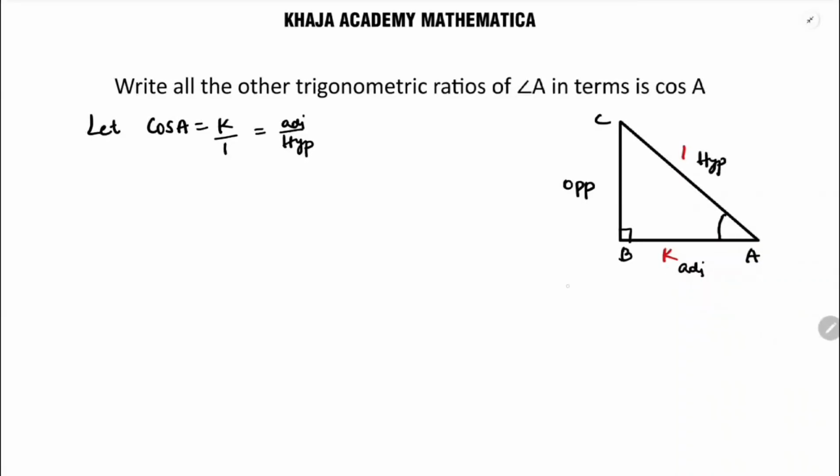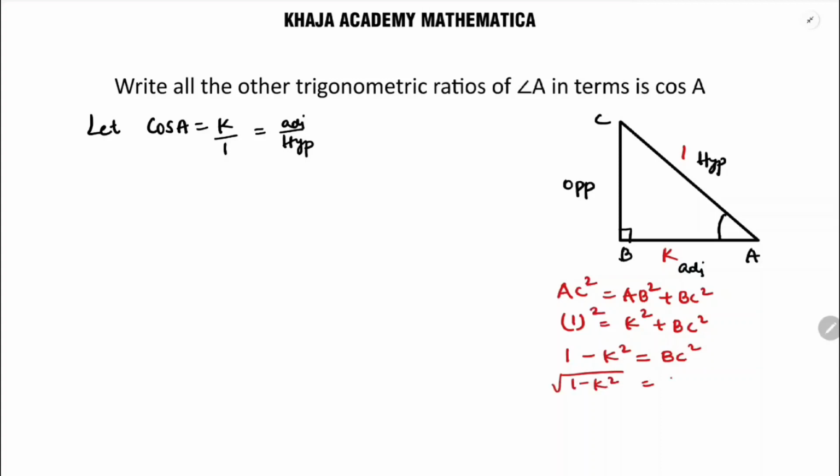If we apply Pythagoras theorem here, AC square equals AB square plus BC square. Hypotenuse square is equal to sum of the squares of other two sides. Hypotenuse is 1, AB is K, BC square. So 1 minus K square is BC square. Under root 1 minus K square is BC. So BC value is under root 1 minus K square.